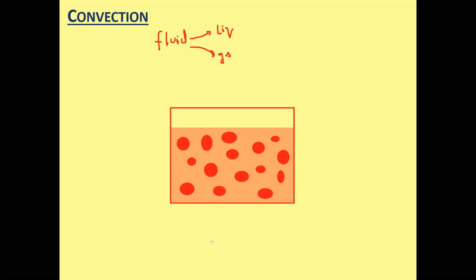And if I supply the heat energy at the bottom, the particles gain energy, they will move faster and they will move away from each other. So as these particles are moving away from each other, in the region where I supply the heat energy, what will happen?